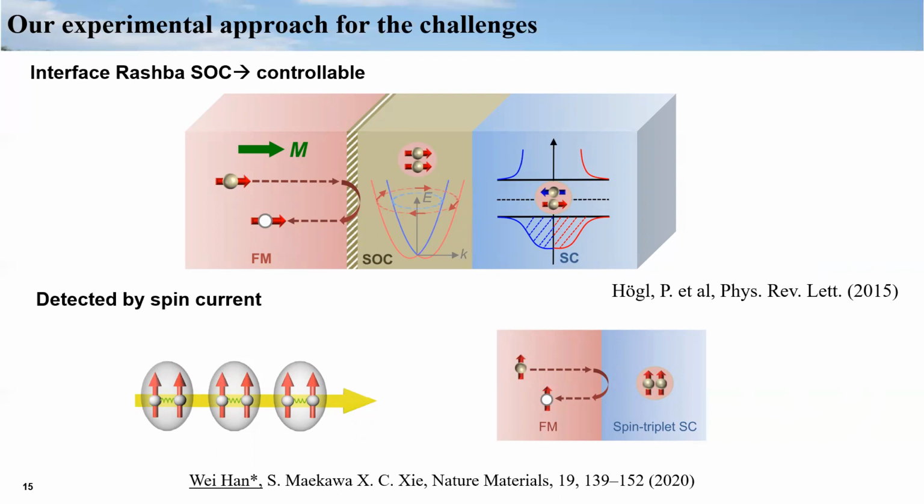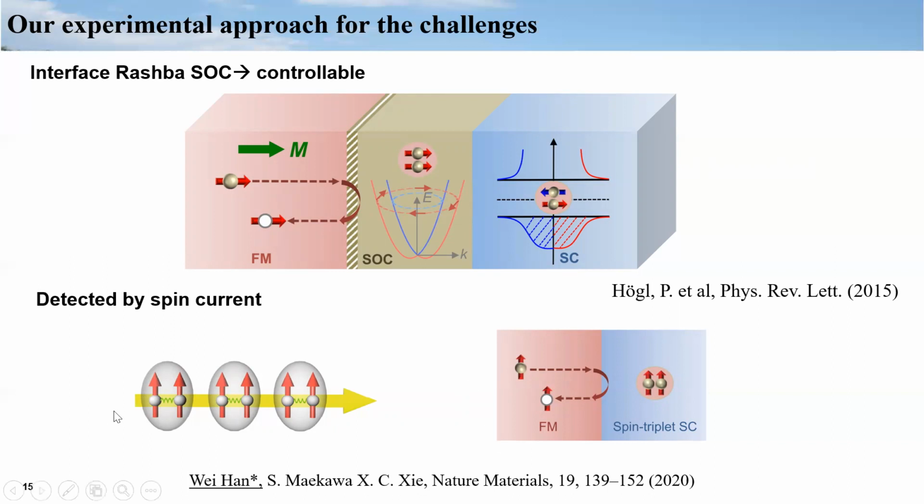By replacing the real-space inhomogeneity, we use the momentum-space spin texture, the momentum-space spin-momentum locking, to break the pairing spin symmetry of the superconductor pairing function. Then we can generate spin triplet superconductivity. The advantage of this method is that Rashba spin-orbit coupling is controllable by many other means. For example, an external electric field can kill the Rashba spin-orbit coupling.